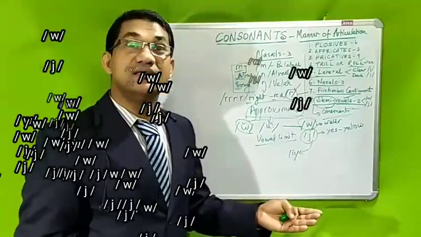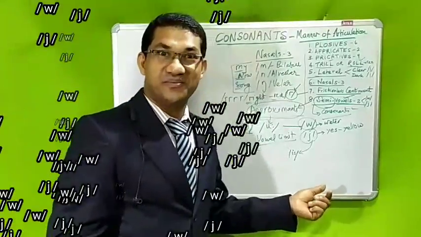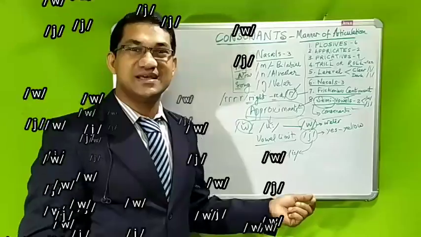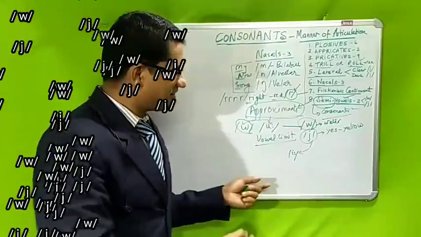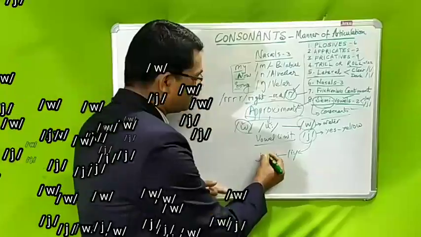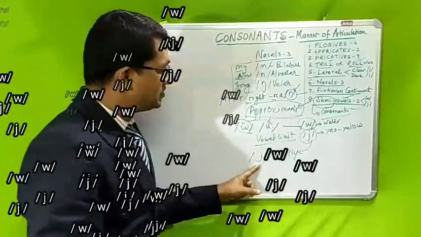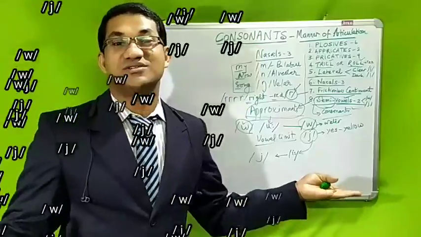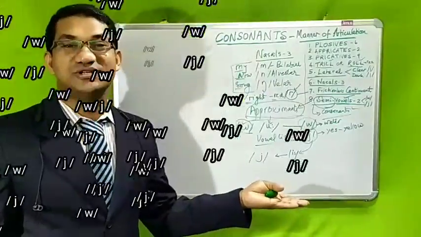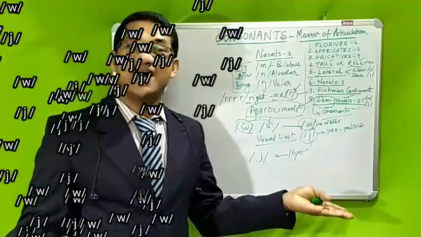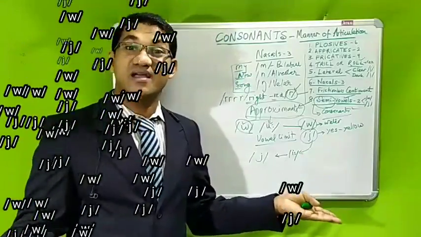We say yesterday, yellow, yahoo, yield. So we can say that the approximant or the semivowel here is a glide from ee. This is all we have to learn about the approximants or semivowels. We can say that semivowels are gliding sounds.